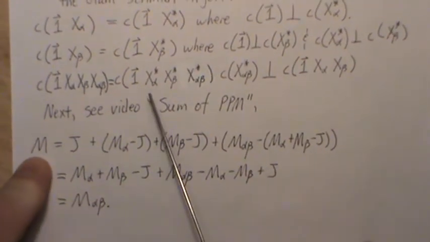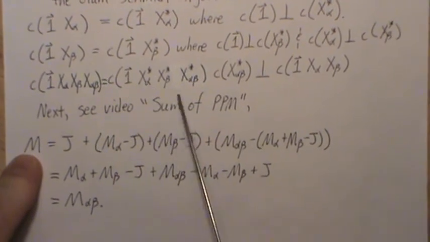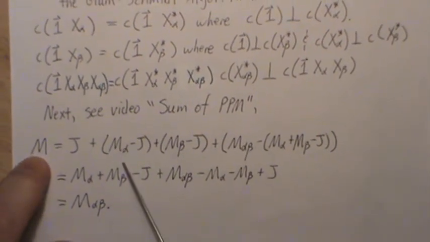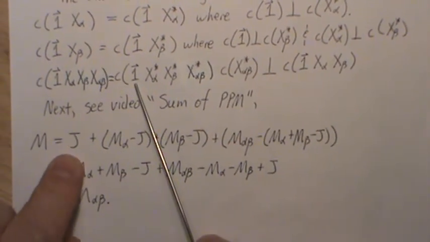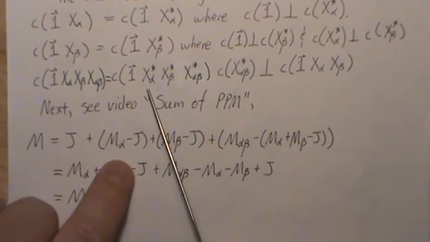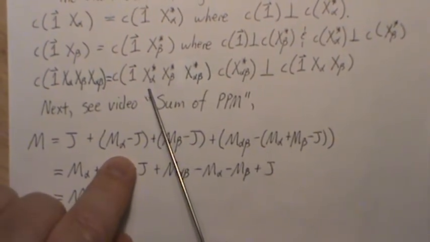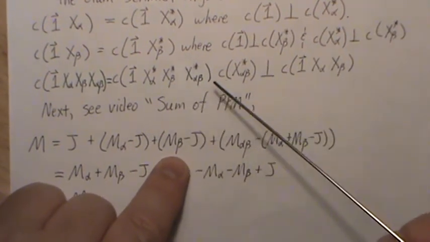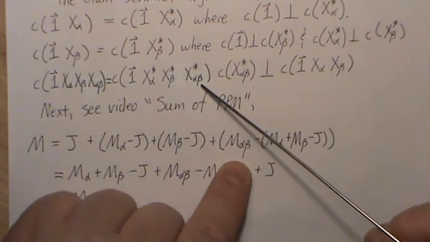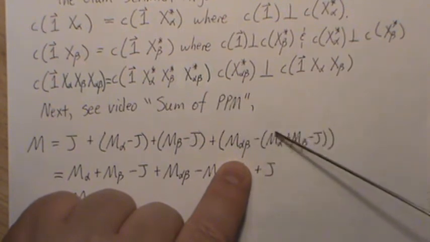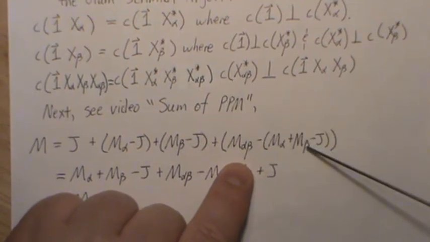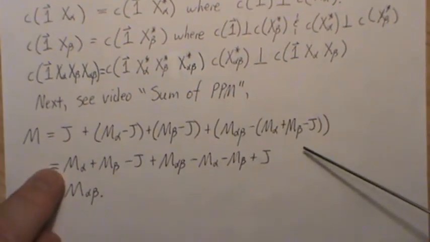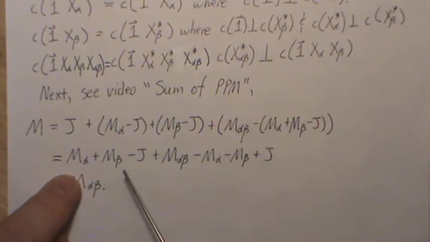So M, the perpendicular projection matrix onto this entire column space, is going to be J, plus M alpha minus J, plus M beta minus J, plus this one, M alpha beta minus M alpha plus M beta minus J.